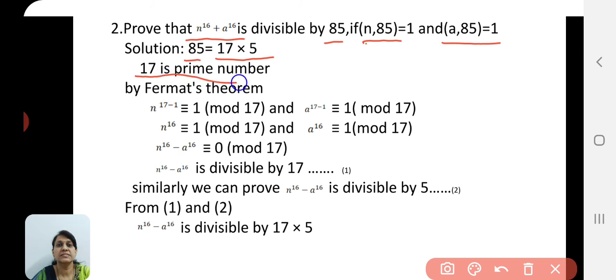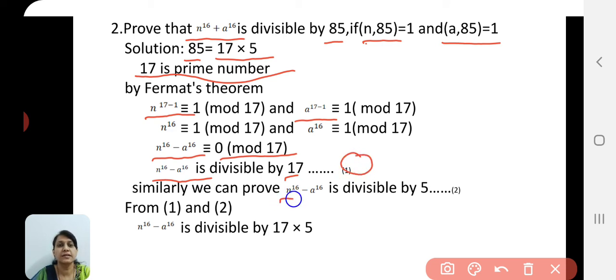So since 17 is a prime number, by applying Fermat's theorem, we can write n raised to 17 minus 1 is congruent to 1 mod 17 and a raised to 17 minus 1 is congruent to 1 mod 17. So n raised to 16 minus a raised to 16 is congruent to 0 mod 17. That implies n raised to 16 minus a raised to 16 is divisible by 17. Call it equation 1.